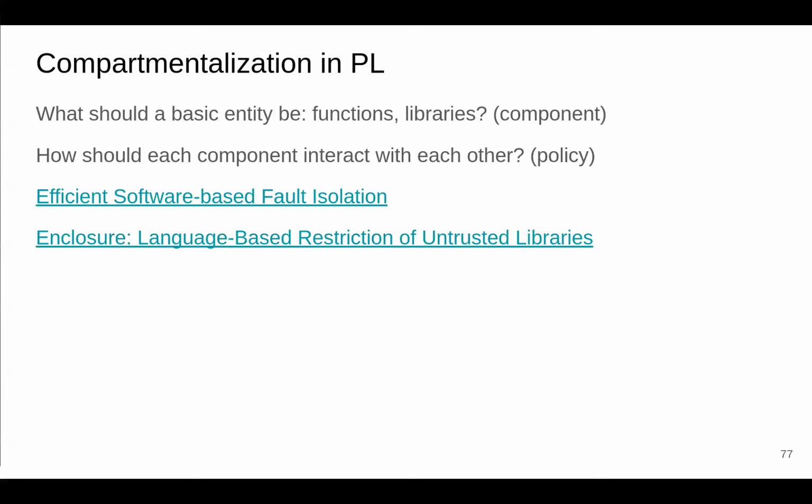There's also compartmentalization being pushed into programming languages. The idea here is that we potentially want to compartmentalize at the library level, at the software level, or even make it an explicit feature in the programming language.